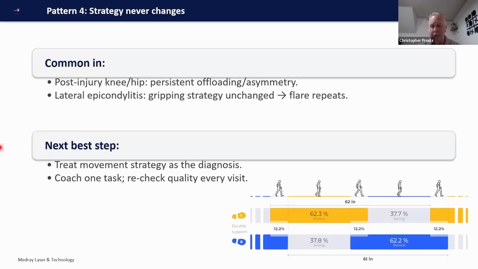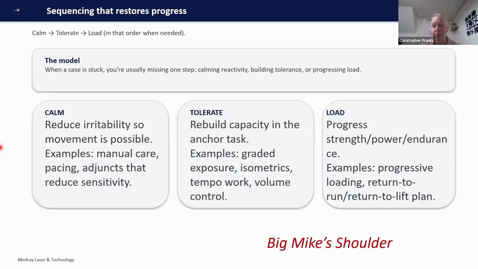This actually looks normal, and it's pretty symmetrical between both sides. They've got good double support, but there are other nuances that this can tease out, some of those abnormal movement patterns. So whatever it is, we need to calm the problem down.